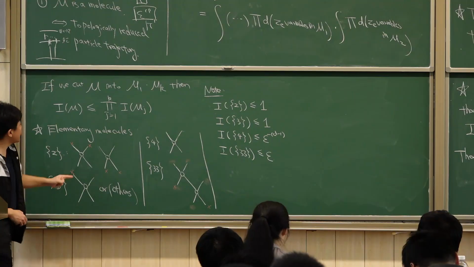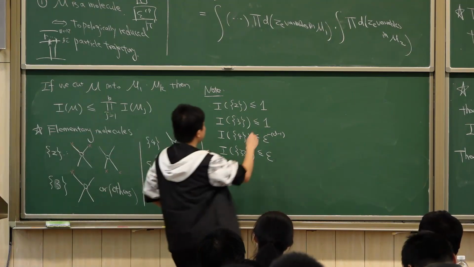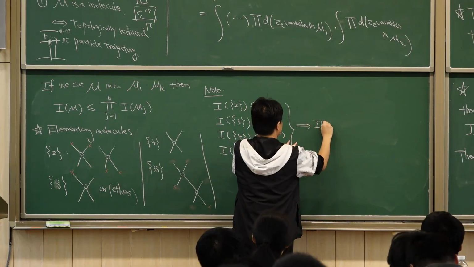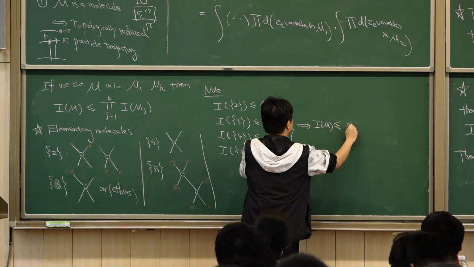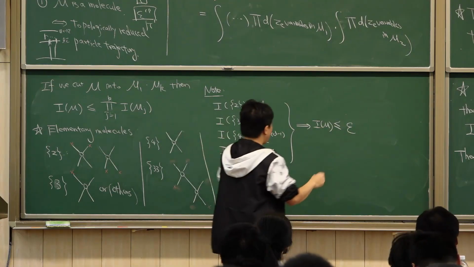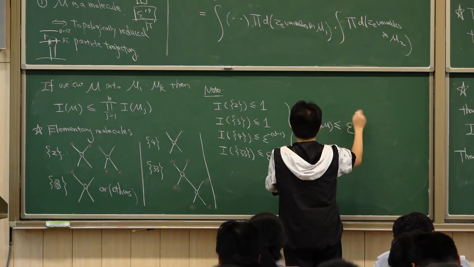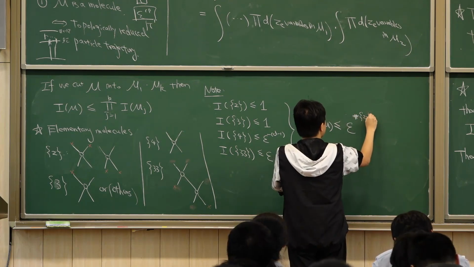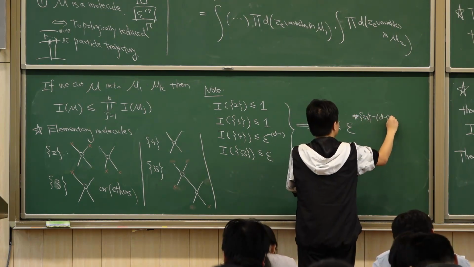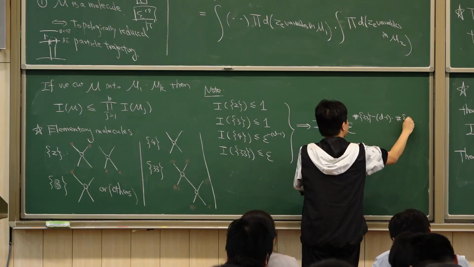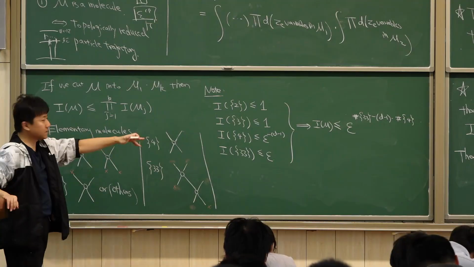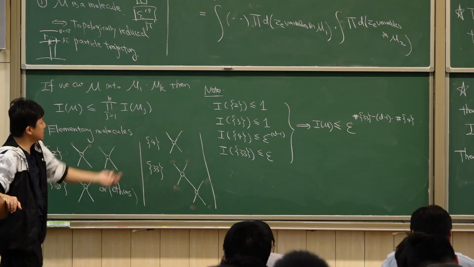The important thing is that once you have this, epsilon to some power, what power, is basically the number of 3,3 minus (d minus 1) times the number of 4. So this is obvious from these 2 formulas.